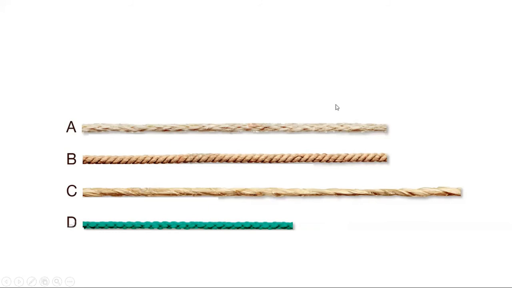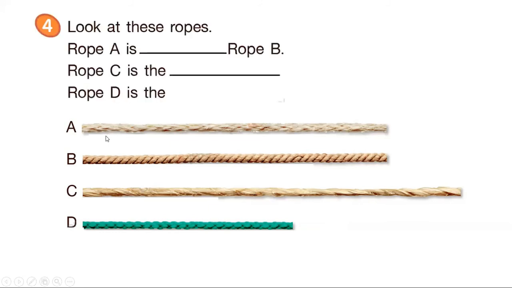Okay? Now, when they have the same length, for example, rope A and rope B, we can say that rope A is as long as rope B. Let's write that. Rope A is as long as rope B. So this means that they have the same length.